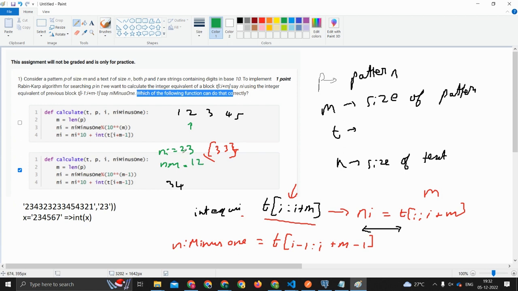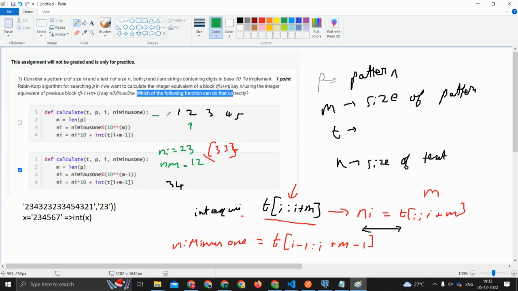Little bit. Okay, so let's try to see this correct option first, then we'll go to the wrong option. So this is what is happening as of now. We have text, pattern, index I, and ni minus 1, the previous one also. These are all the inputs that we are giving to the calculate function.